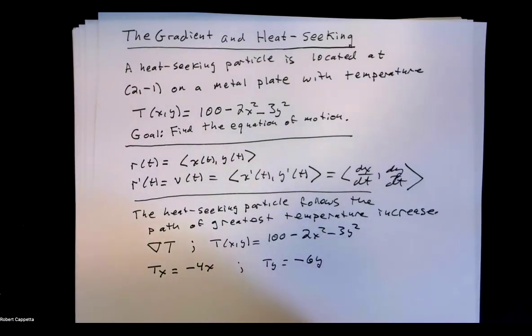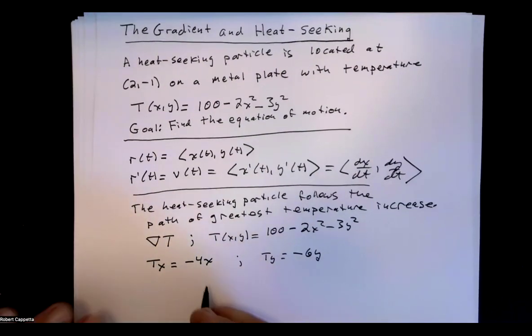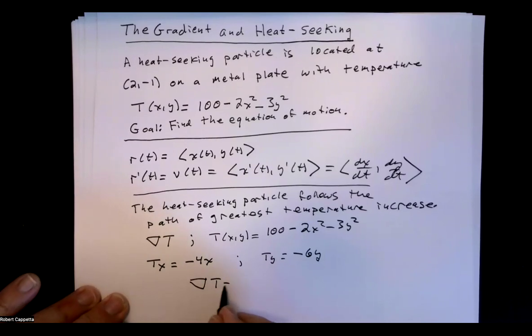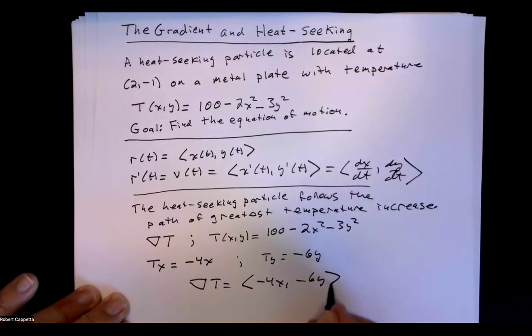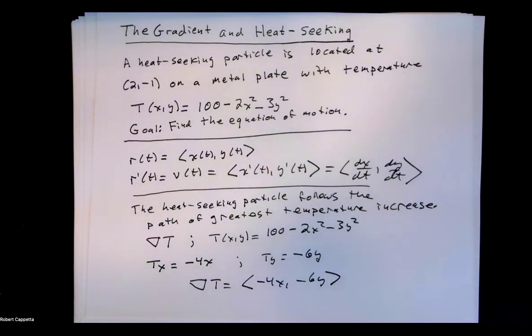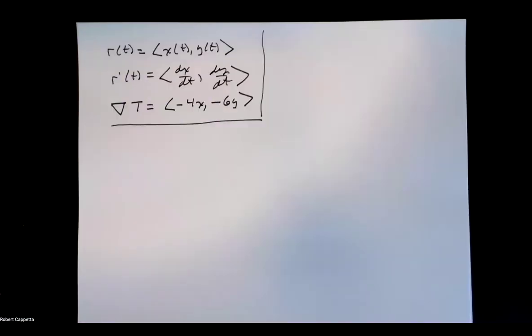So that's our gradient. We're following in that direction. The gradient of T is going to be the vector (-4x, -6y). So here's our relevant information.